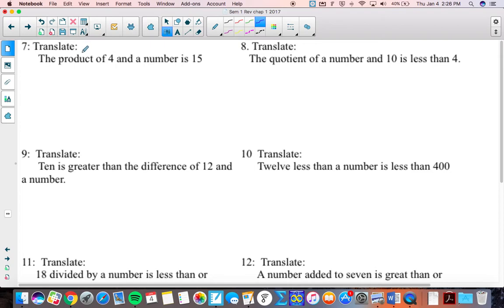Because the vocab is a little bit tougher, hopefully you still have page 6, but if you don't, remember product means multiply. The product of 4 and a number. Remember, is means equals. Quotient means divided. "Is less than" is different than "less than." "Is less than" is going to be the inequality.